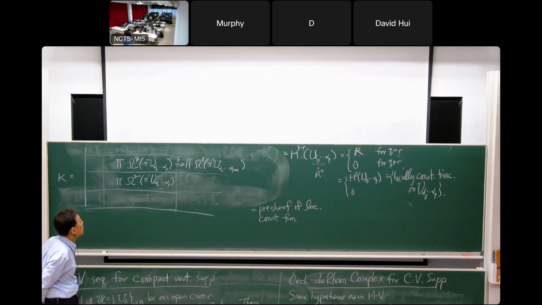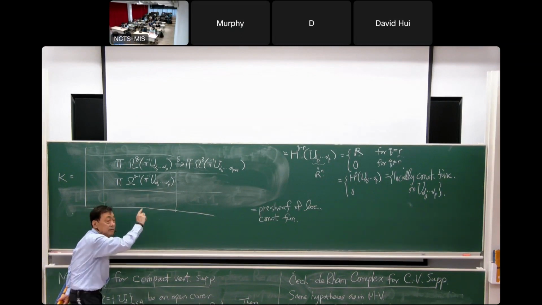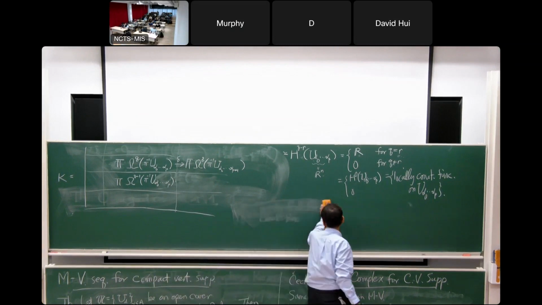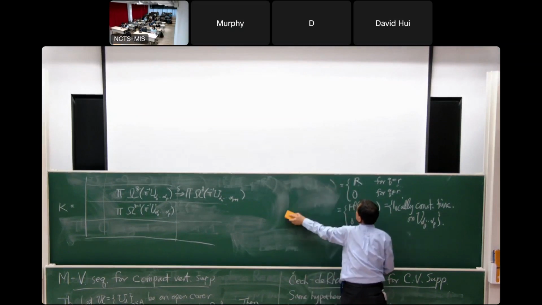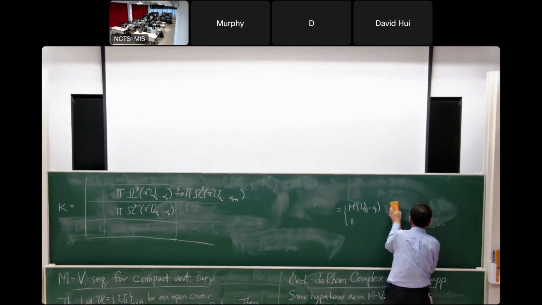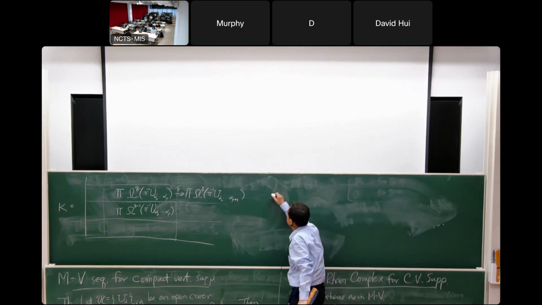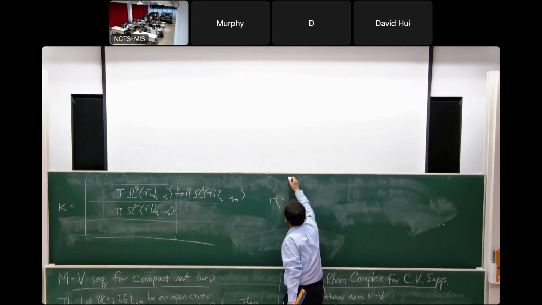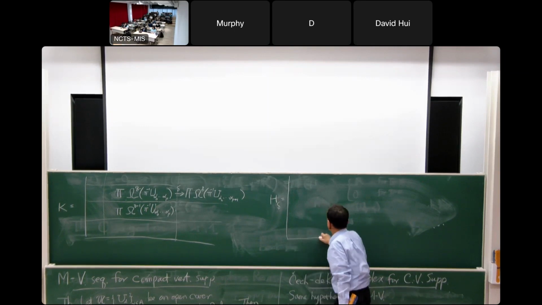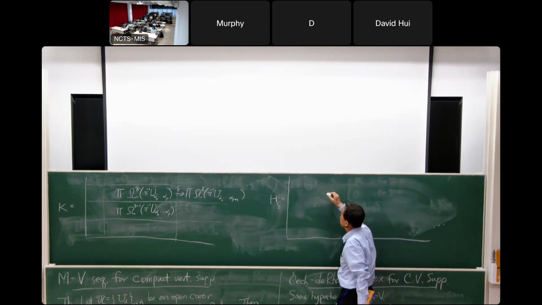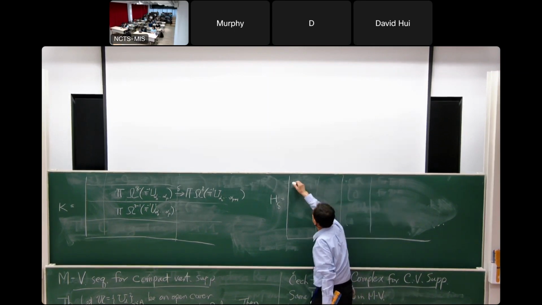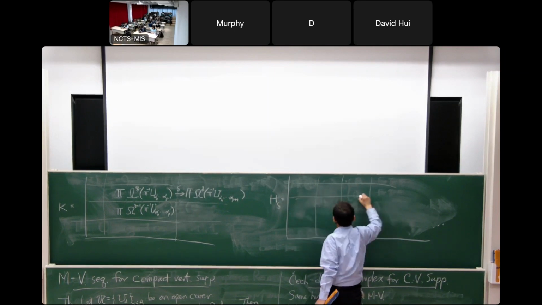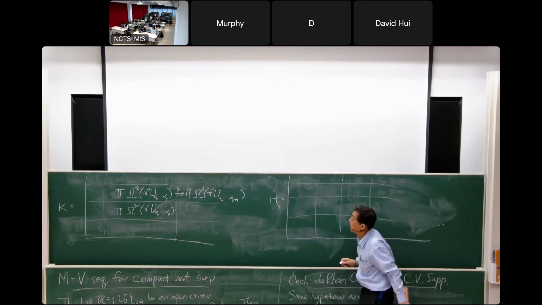Now, can you tell me what is H_δ? Because δ is a differential, right? δ squared is 0. So you can take its cohomology, H_δ.